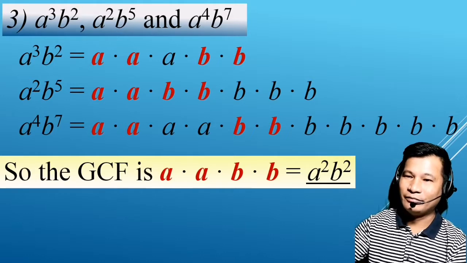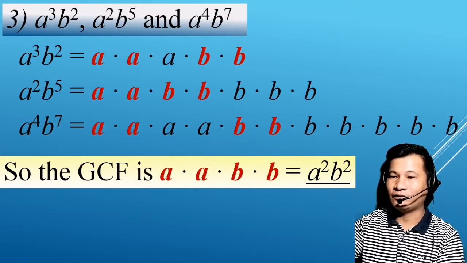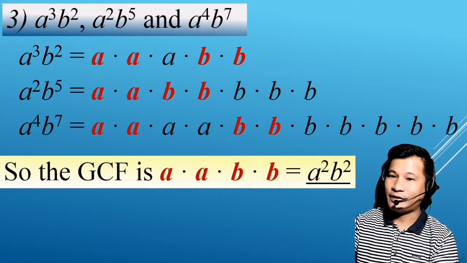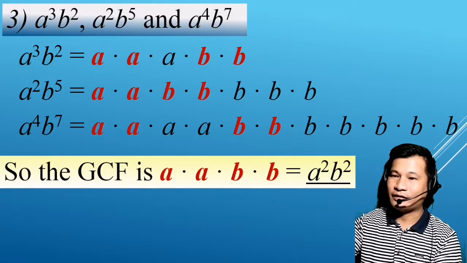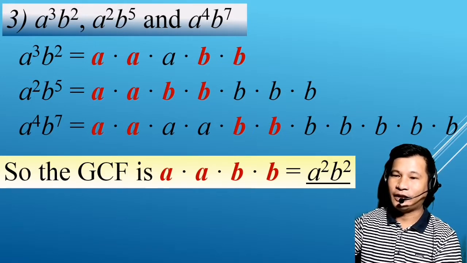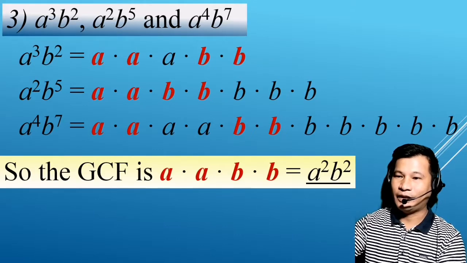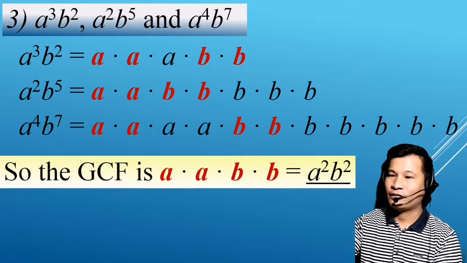For number 3, we have a cubed b squared, a squared b to the 5th, and a fourth b to the 7th. For the factors of a cubed b squared, we have a times a times a times b times b. While for a squared b to the 5th, we have a times a times b times b times b times b times b.